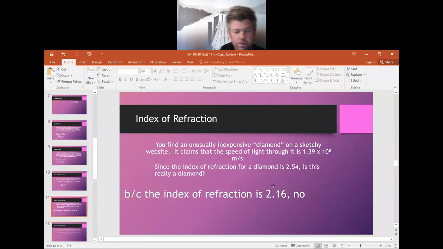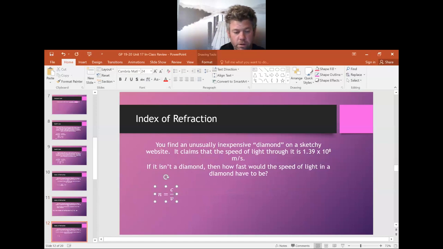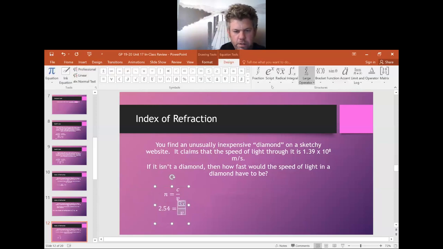Well, okay, all right. So if I know that the index of refraction is 2.54, what that means is this is 2.54, my speed up here is going to be 3 times 10 to the 8th, right?